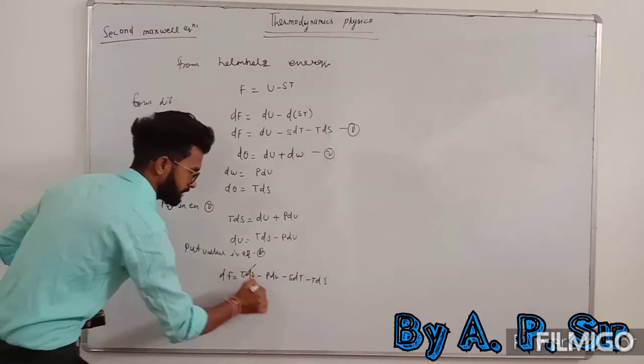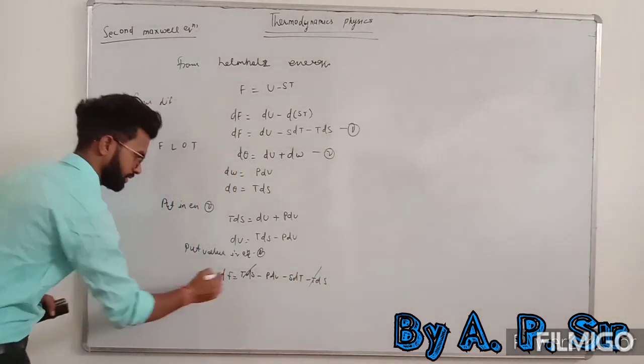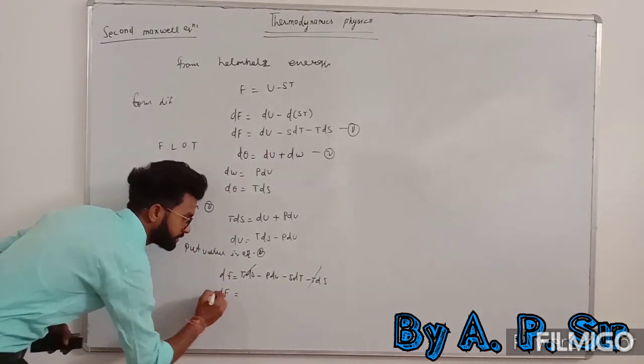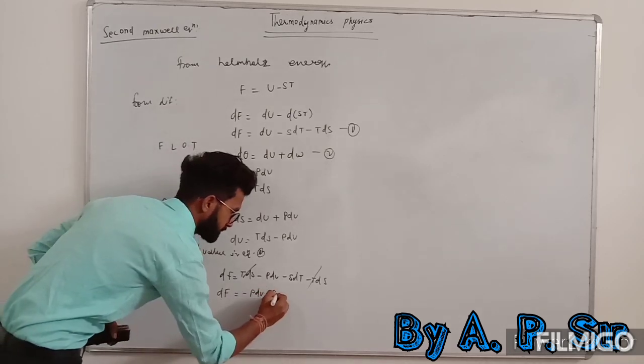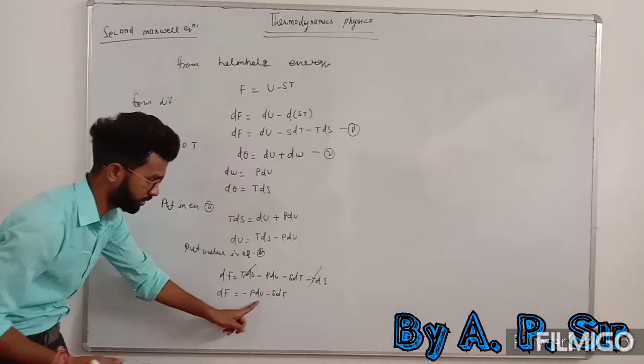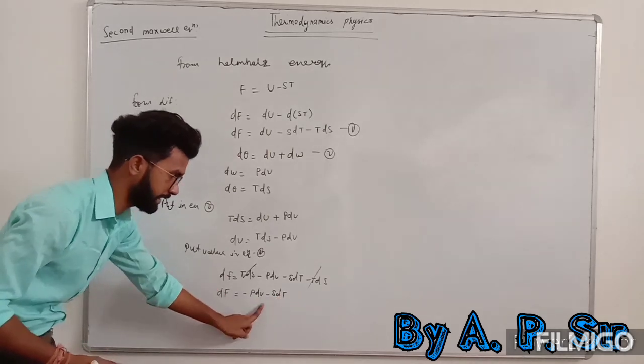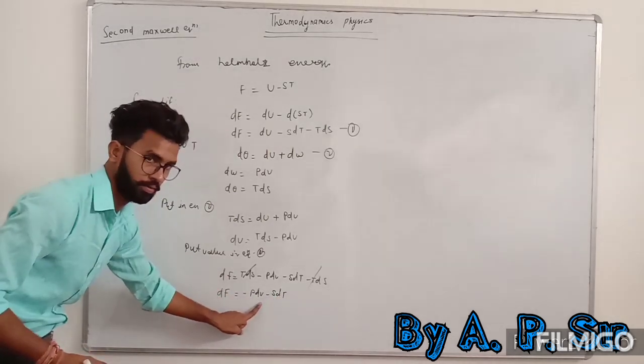Then TdS cancels out. Then dF is equal to minus PdV minus SdT. We have two thermodynamic coordinates in differential form.